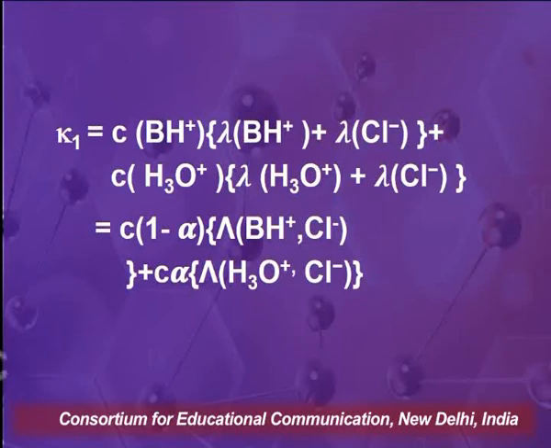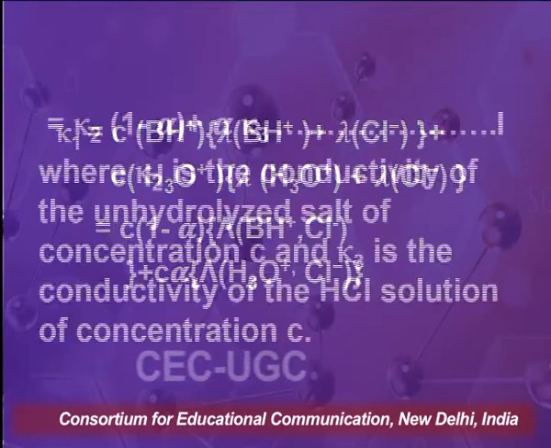Kappa 1 can be rearranged to get kappa 1 is equal to C into 1 minus alpha lambda BH plus Cl minus plus C into alpha lambda H3O plus Cl minus.